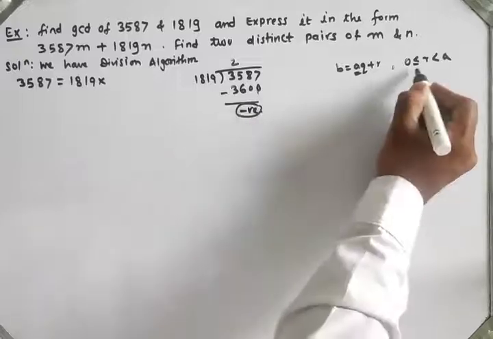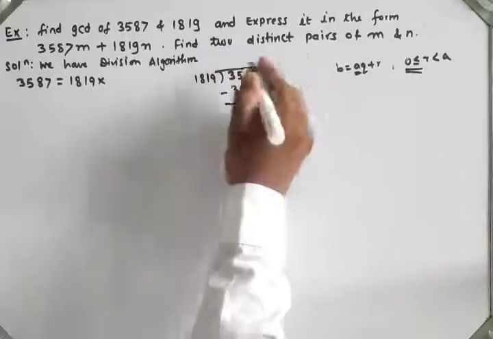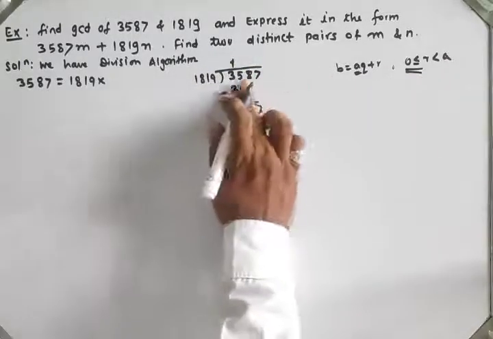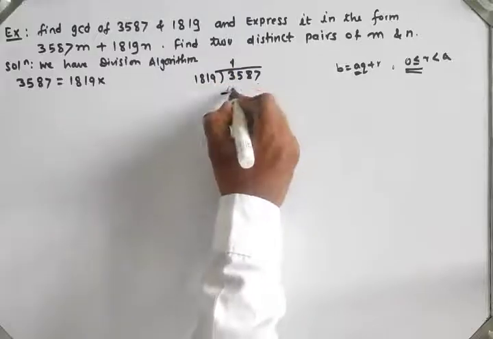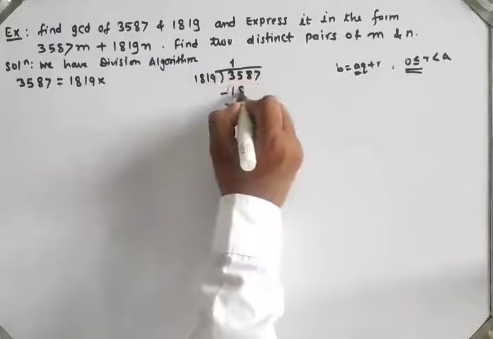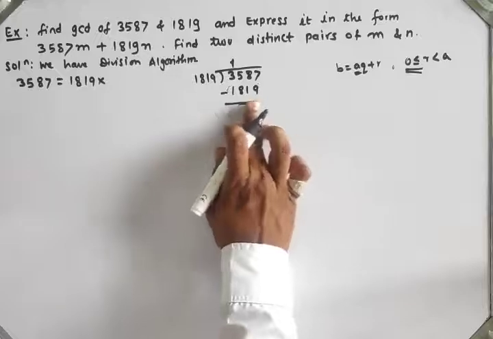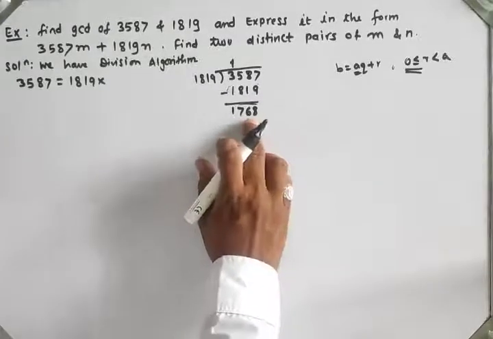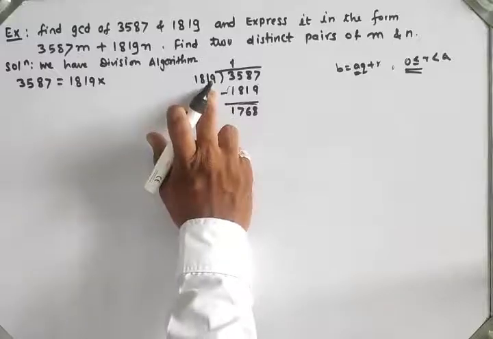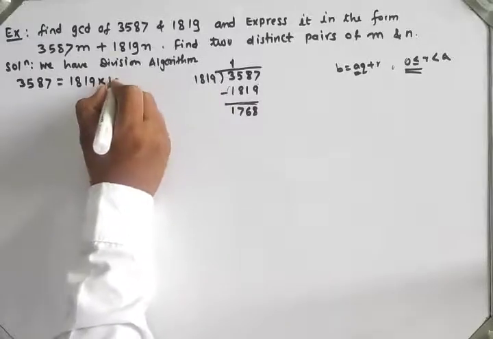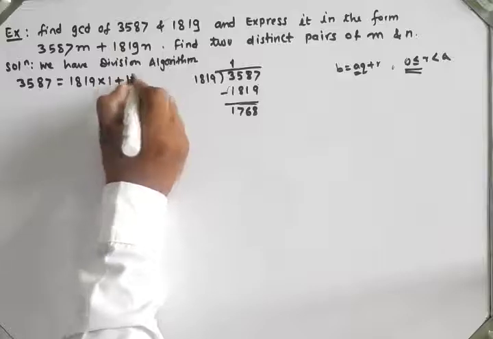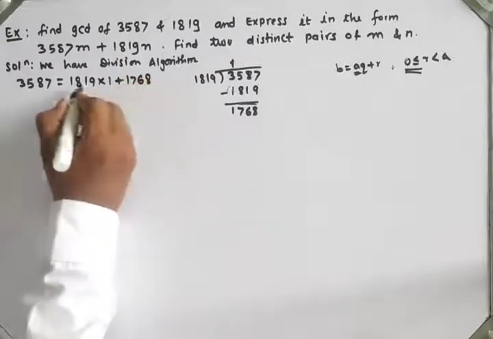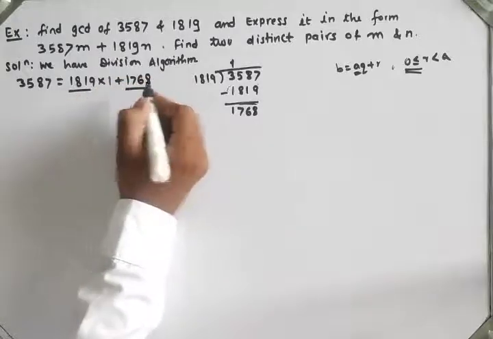I want the remainder always positive, so I will take quotient 1. Then 3587 minus 1 into 1819 is 1768, which is less than 1819. So the quotient is 1 and the remainder is 1768. Now again apply the division algorithm between these two numbers.